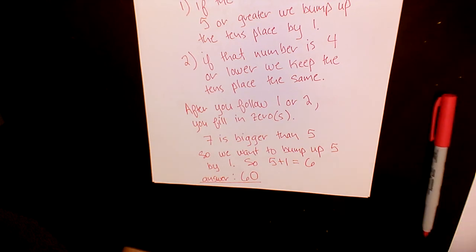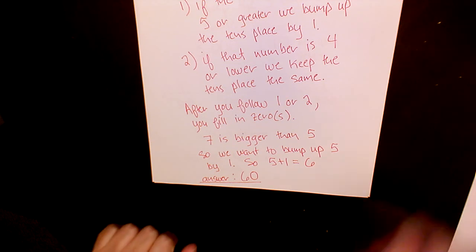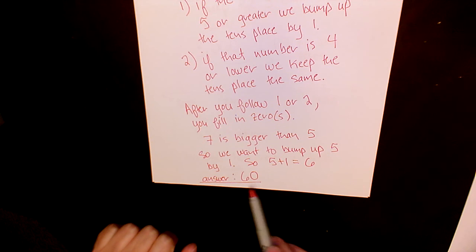So since the number next door is bigger than 5, we take the tens spot, bump it up 1, we get 6, and then we fill in the last spot with a 0.